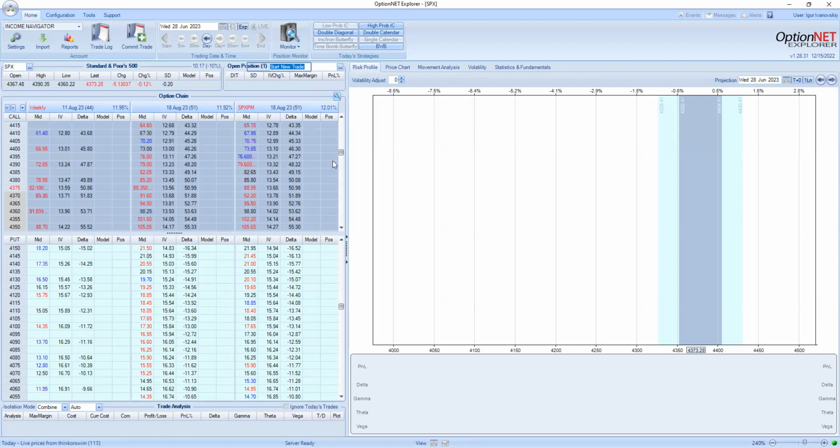The only difference I will say is that the more days you have until expiration, meaning the farther out in time you go, the further out of the money your naked options are going to be, right? Because you have more premium available further out of the money with more time until expiration.